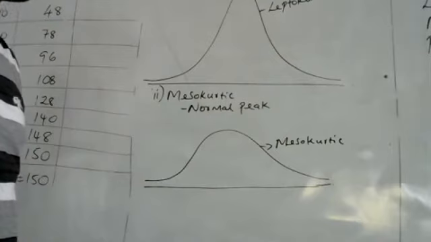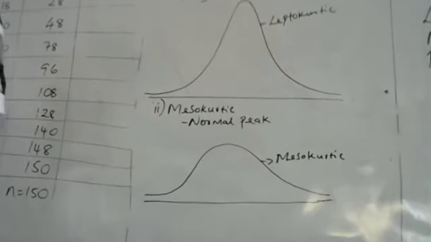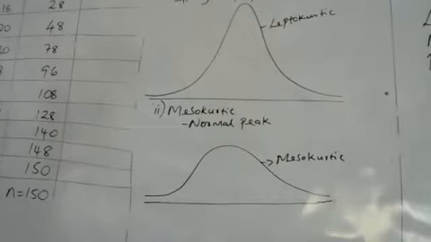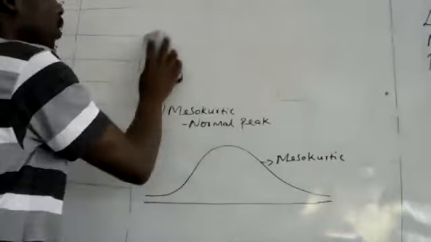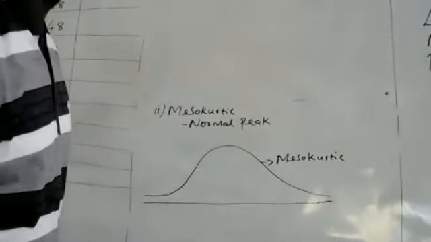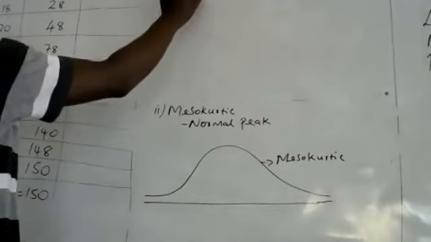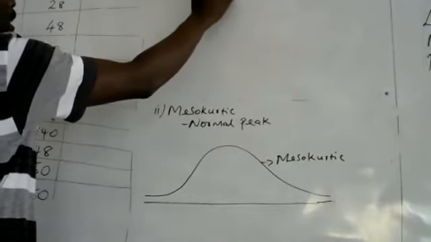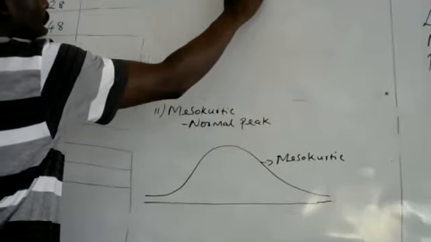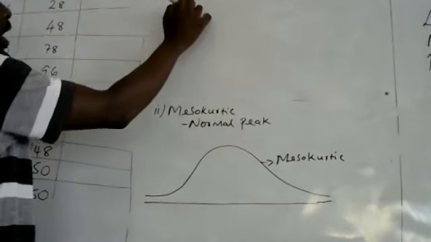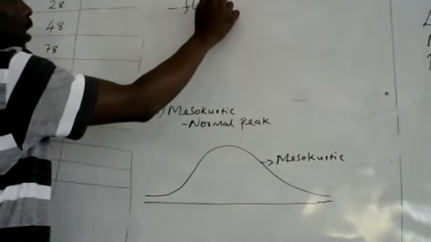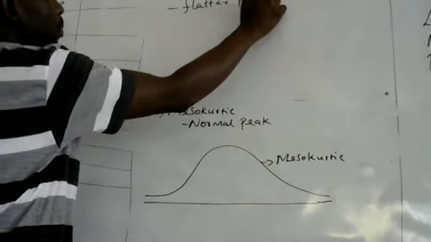The last type of distribution under the kurtosis is what we call platykurtic. It is a distribution with a flatter peak.